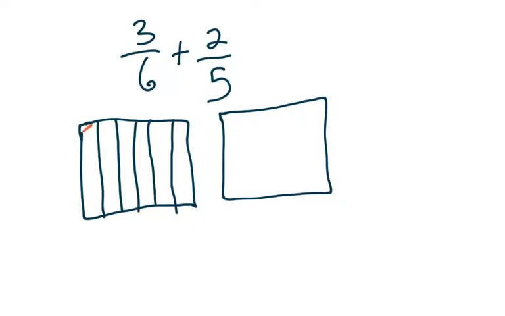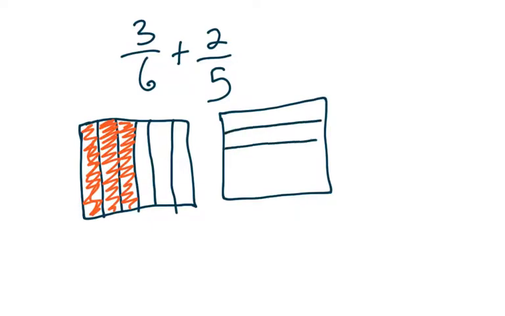And I'm going to draw 3 of those. Okay. Then I'm going to go horizontally and represent 2/5. 1, 2, 3, 4, 5. And I have 2 of them.